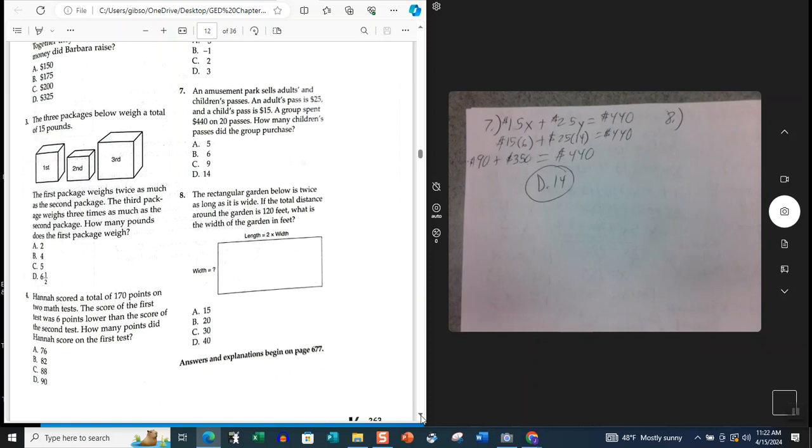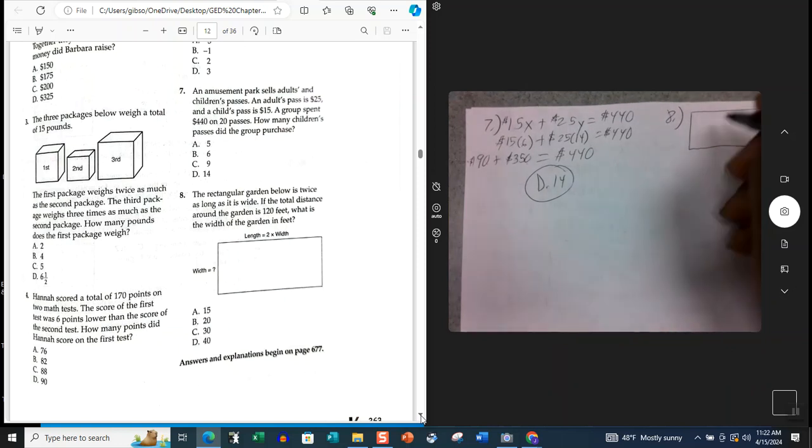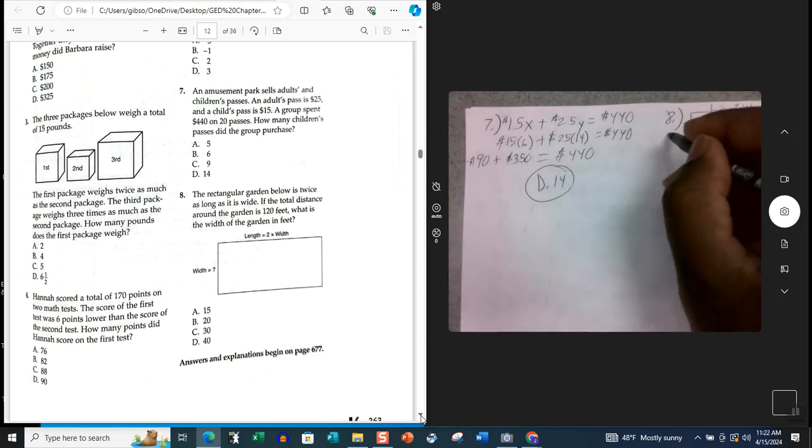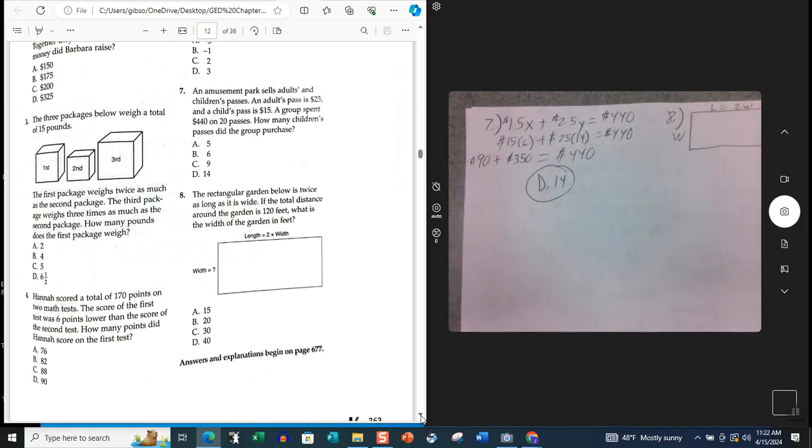Now, we could use a couple formulas, but let me do the rectangle here. So we have the length, which I put L, which is 2 times W. And then we have the width, which is just the width. Now, we could have made the width X, but we'll just make the width W.